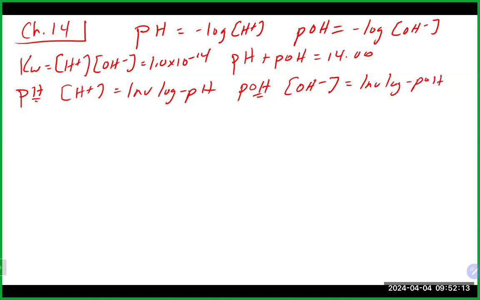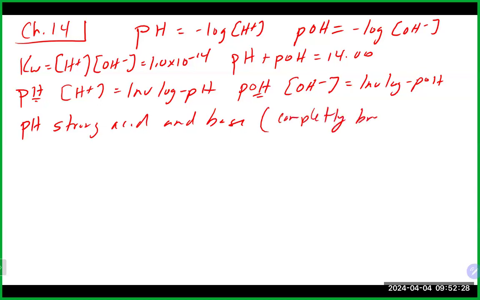We talked about the pH of a strong acid and base. Remember, because they are strong acids and bases, they will completely break apart. And what you're looking for in terms of the pH is either the H plus concentration or the OH minus concentration.